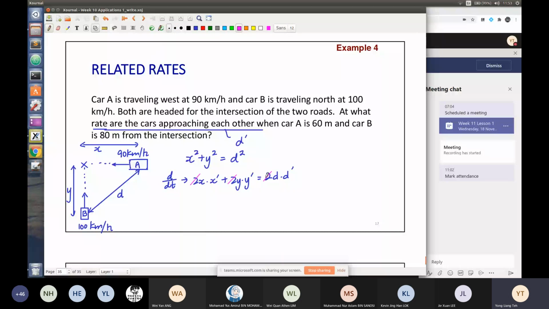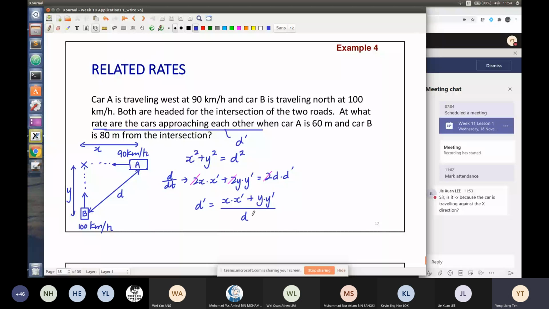All right, so therefore we get d prime, our unknown, is hence equivalent to x times x prime plus y times y prime, divided by d.